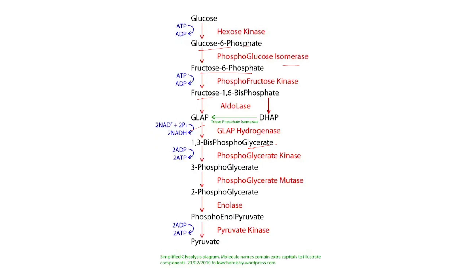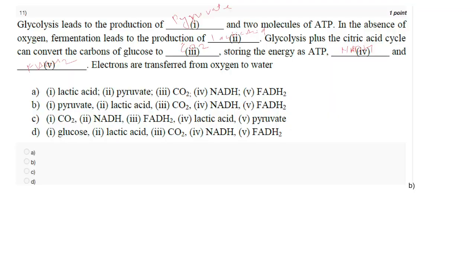Then phosphoglycerate kinase converts ADP to ATP and generates 3 phosphoglycerate, and phosphoglycerate mutase converts this to 2 phosphoglycerate, and then enolase converts this to enol pyruvate, and pyruvate kinase converts it to pyruvate. So option B is correct here.